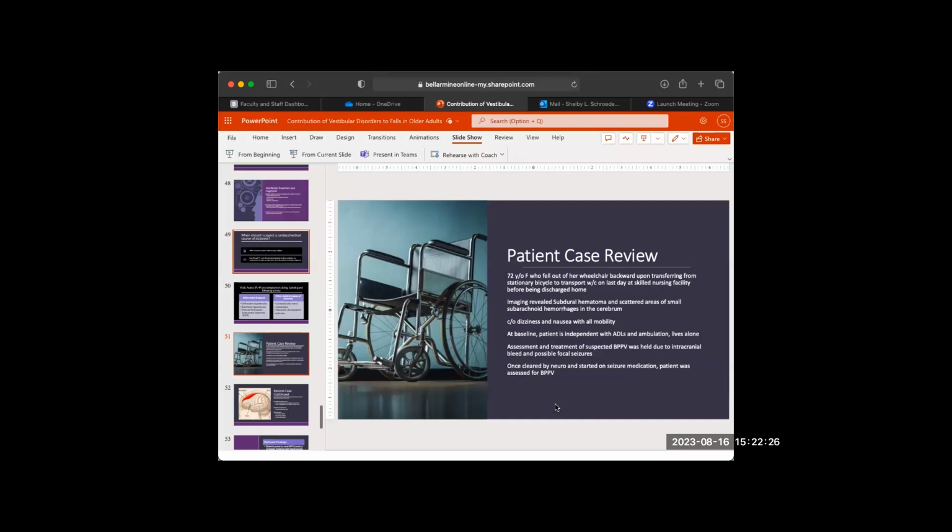So yes, we can work on that. Now there's more rigidity in the cervical spine with Parkinson's, which makes some of the testing and treatment of dizziness difficult, but there are always adaptations that we can do for those patients. They might need more assistance doing the exercises, but we can certainly adapt the exercises to work for them.